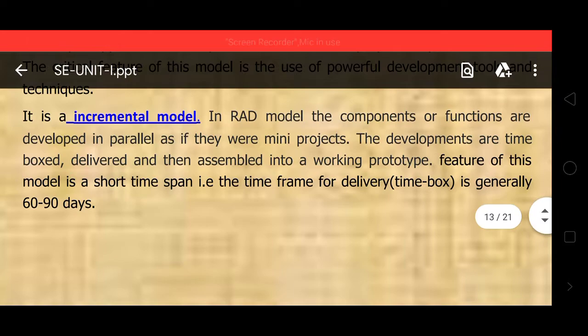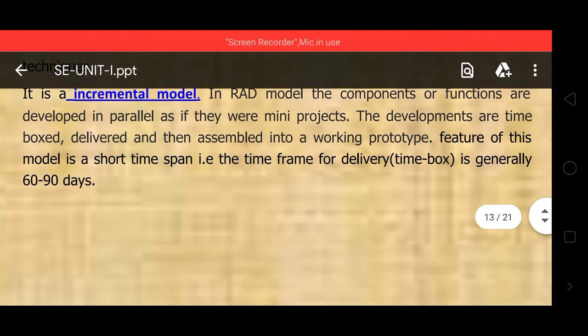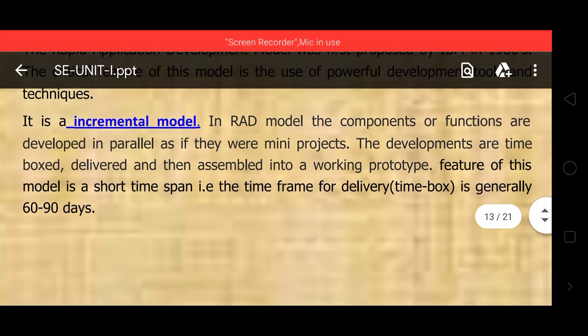The developments are time boxed, delivered and then assembled into a working prototype. The time frame for delivering a time box is generally 60 to 90 days.